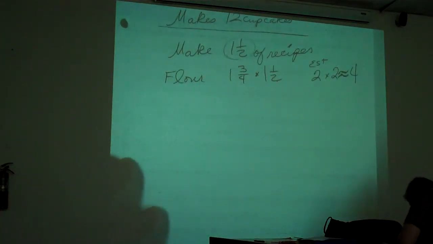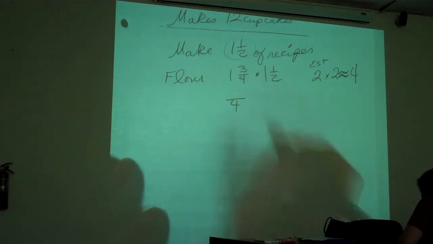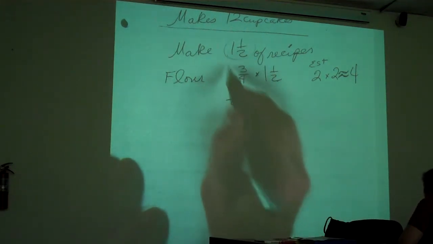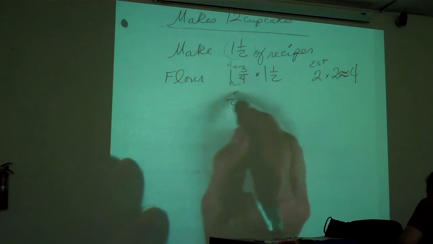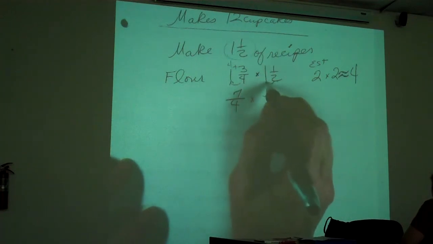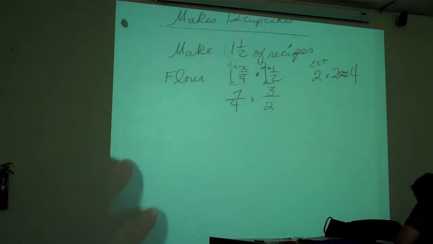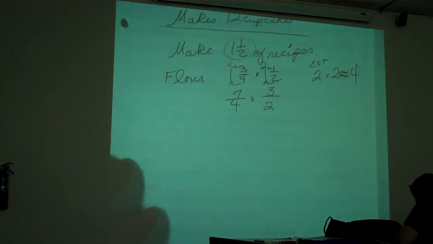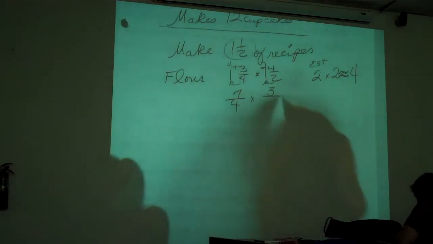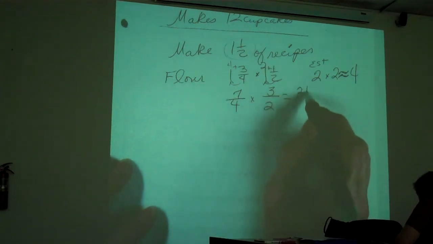Now let's do our exact. 1 3/4, put 4 on the bottom. 4 times 1 is 4, plus 3 is 7. On the next part, leave the 2 on the bottom. 2 times 1 is 2, plus 1 is 3. Can't do any dividing, so just straight across. 7 times 3 is 21. 4 times 2 is 8.